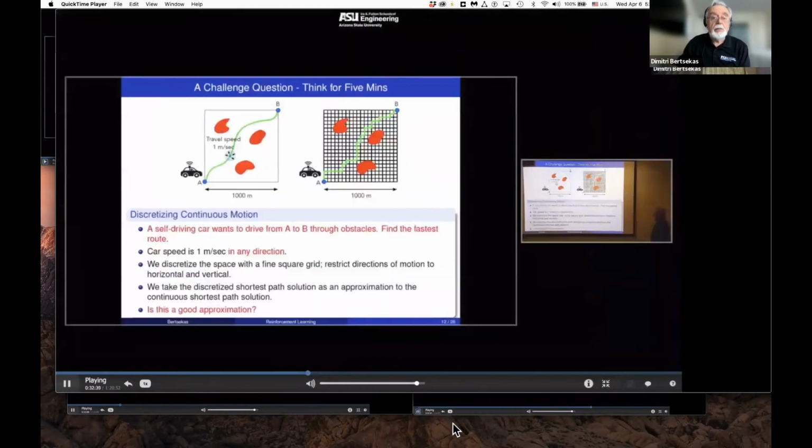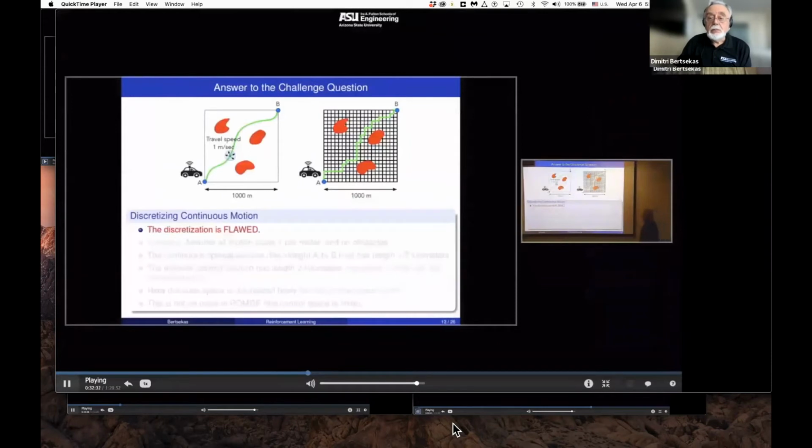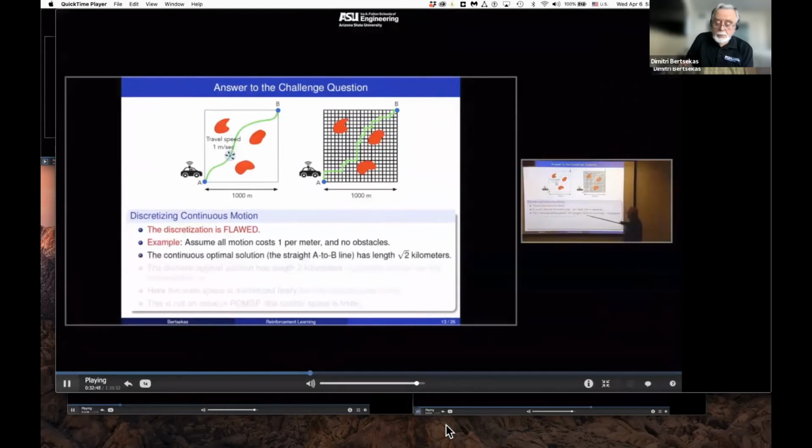Let me explain this a little more. Okay, the discretization is flawed, and here's an example. Assume that all motion costs 1 per meter, okay? And there are no obstacles. Then the continuous optimal solution is the straight A to B line.